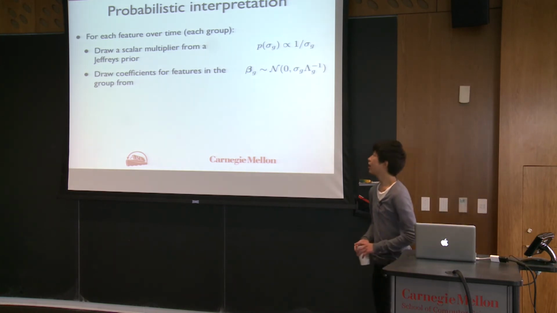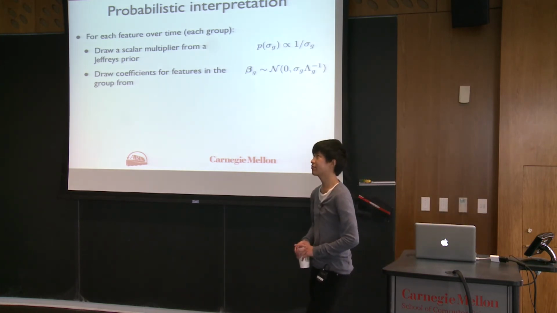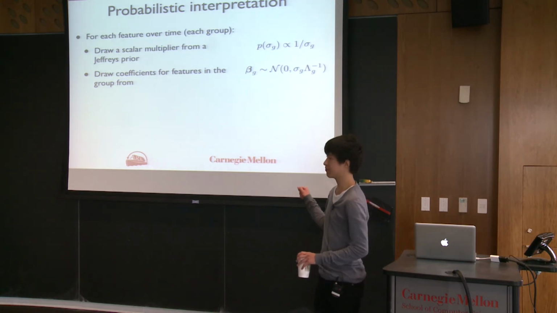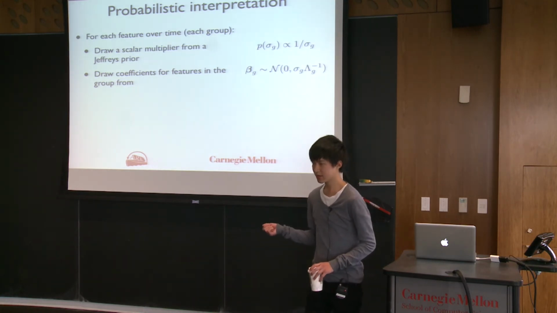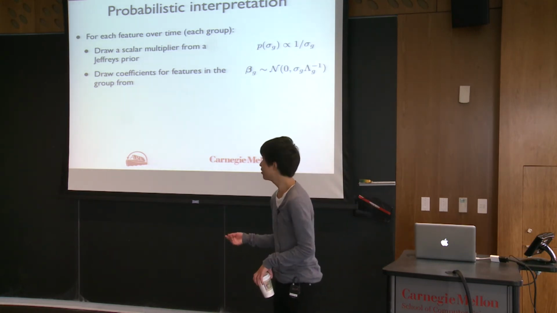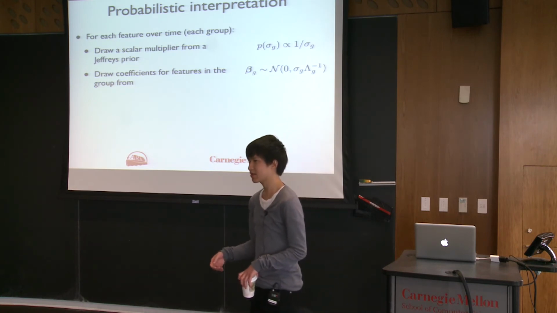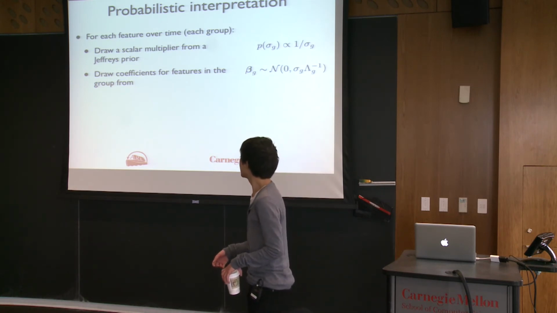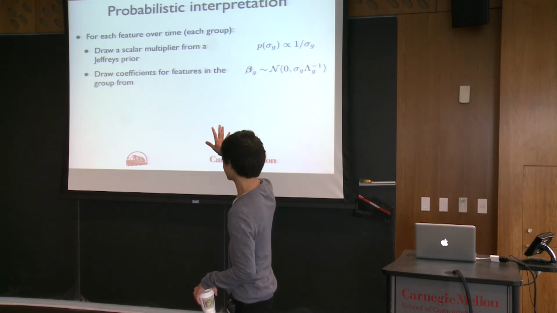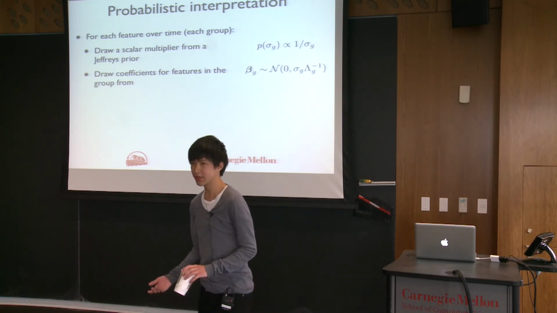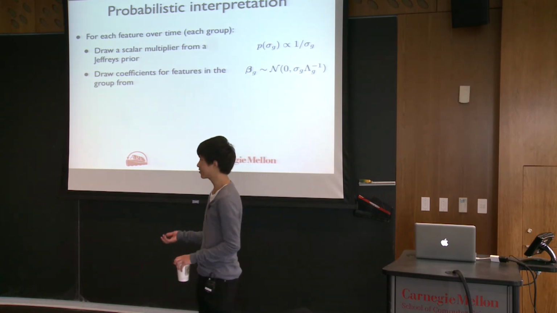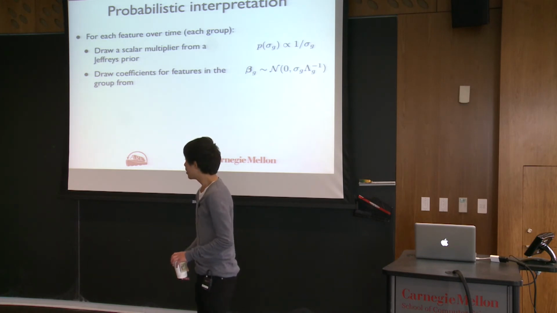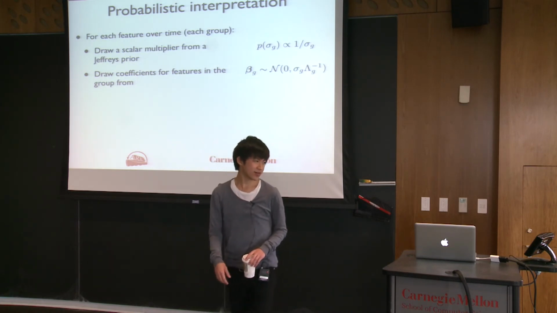We assume that our feature weights are generated by the following process. Similar to group lasso, we draw a scalar multiplier. Here I showed the Jeffreys prior version, but if you're willing to tune lambda, of course you can use the one with the exponential distribution.